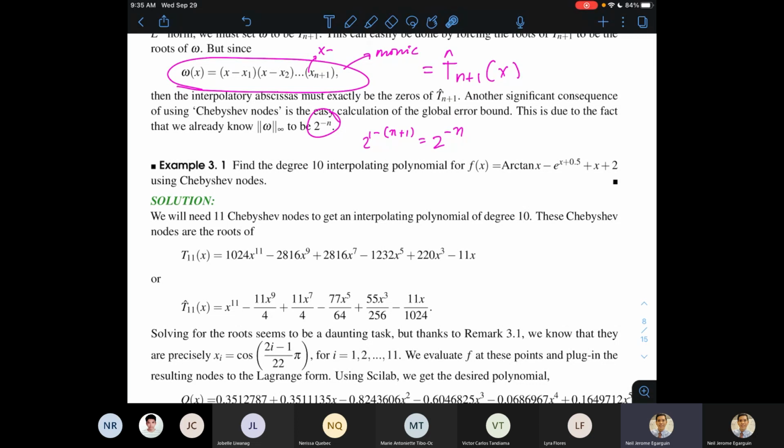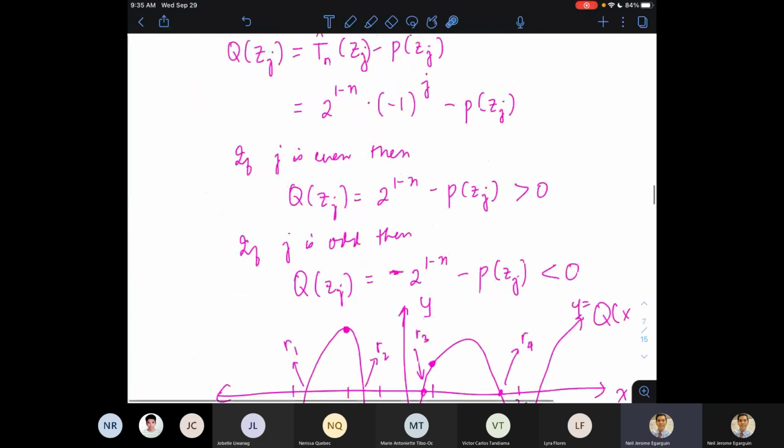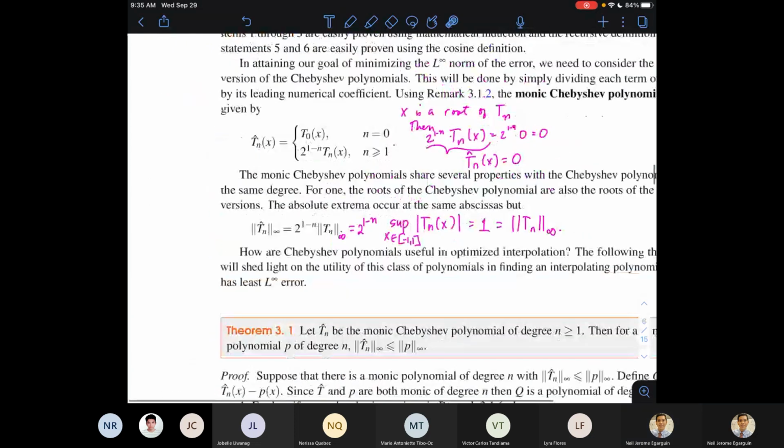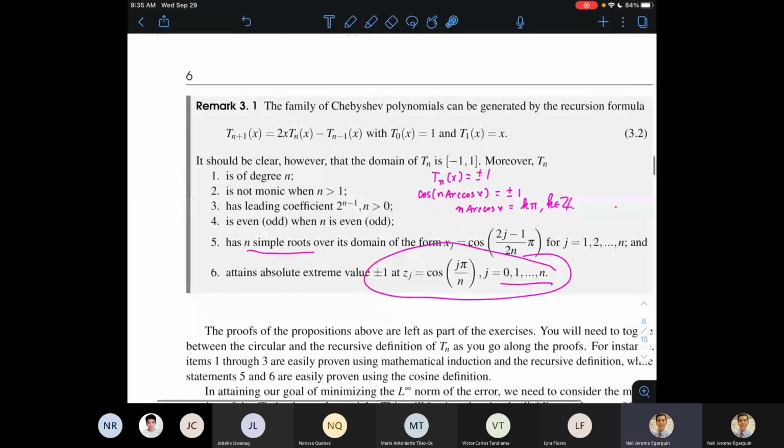So ang bottom line dito ay yung mga interpolatory abscissas, kailangan ko lang silang gawing equal dun sa roots ng monic Chebyshev polynomial. And we won't have any big problem about that kasi dun sa Remark 3.1, alam na natin yung roots ni Chebyshev polynomial.